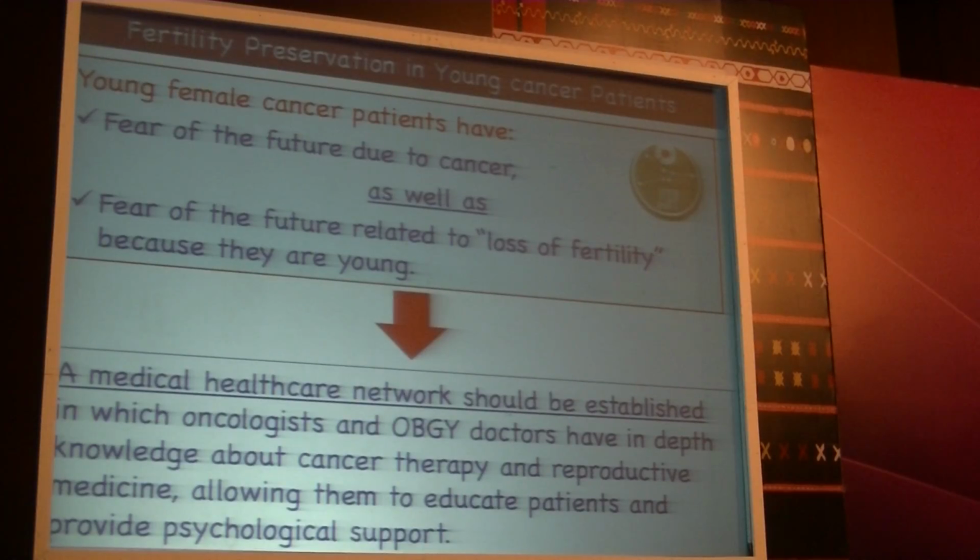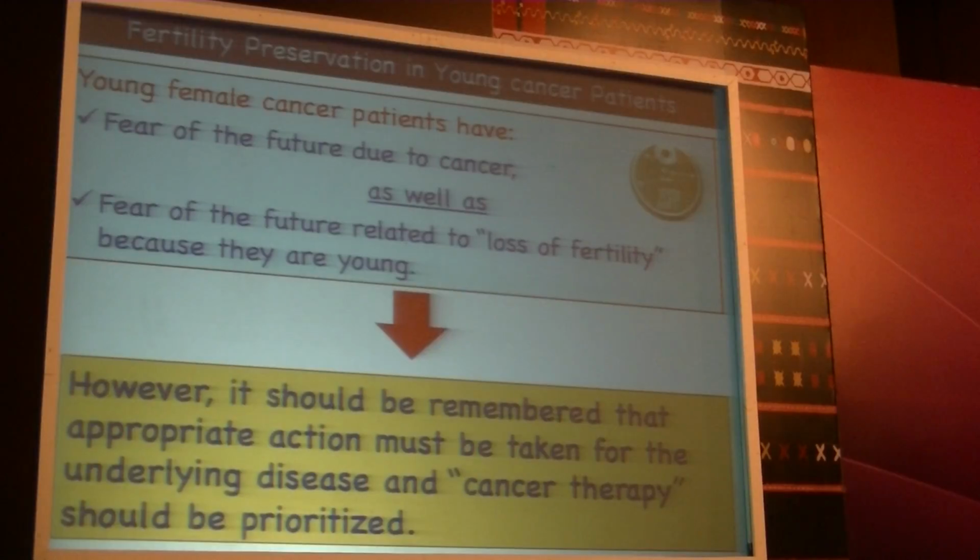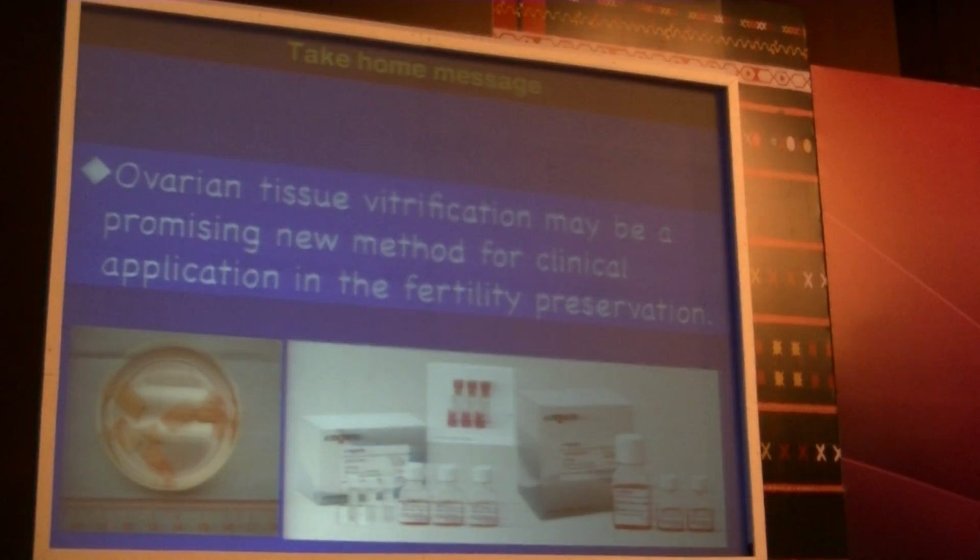A medical healthcare network should be established in which oncologists and OBGYN doctors have in-depth knowledge about cancer therapy and reproductive medicine, allowing them to educate patients and provide psychological support. However, it should be remembered that appropriate action must be taken for the underlying disease, and cancer therapy should be prioritized. This slide shows the take-home message from today's talk.